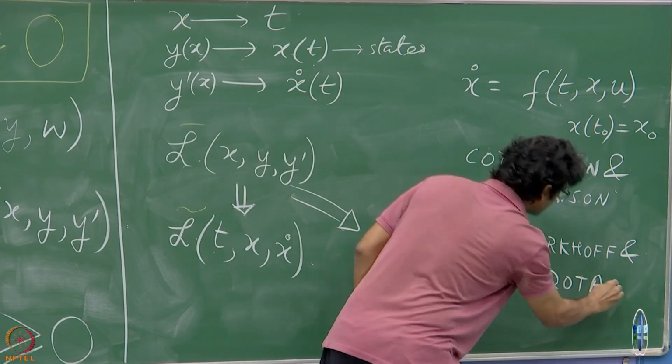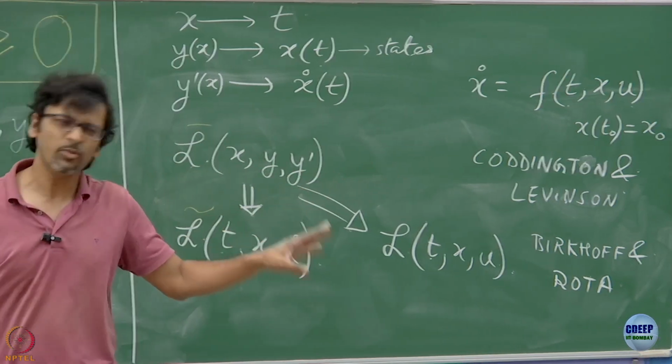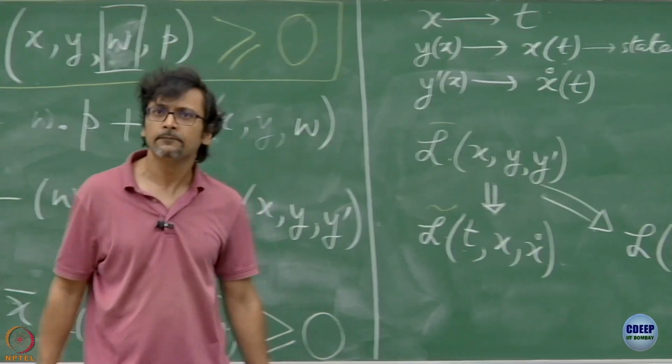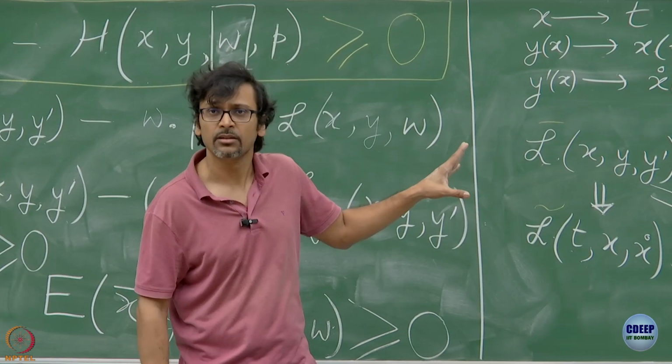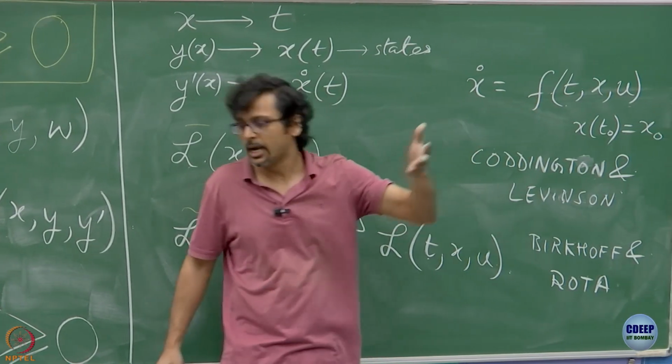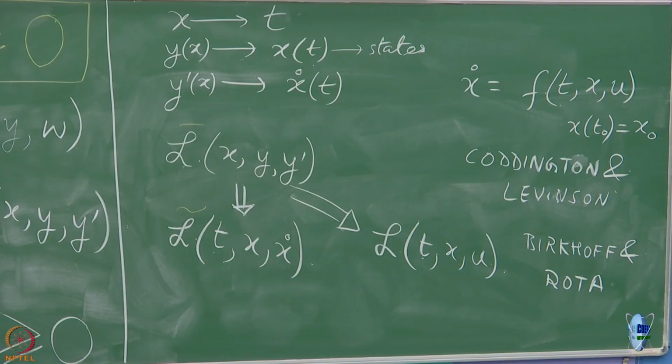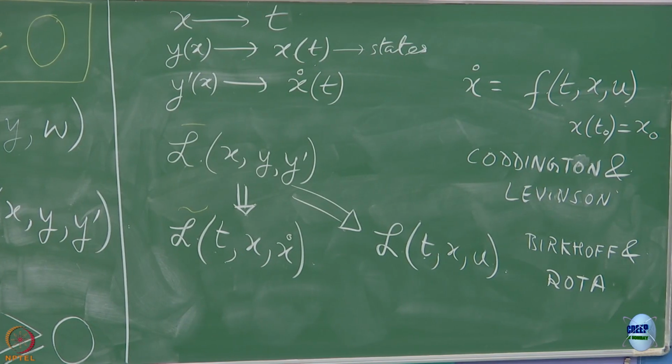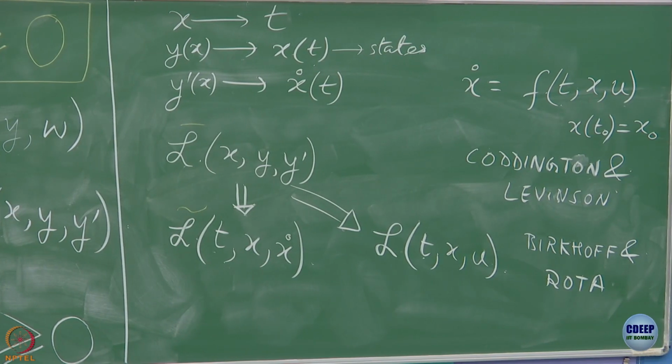Before we wind up today, I'll just very briefly touch upon what we expect out of this function f. We need to understand this f. If we want to understand how to solve this differential equation, at least qualitatively, at least be sure that starting from a particular t0 and an x0, you'll at least get a solution, and that the solution is unique, because if not, then you are in real trouble.